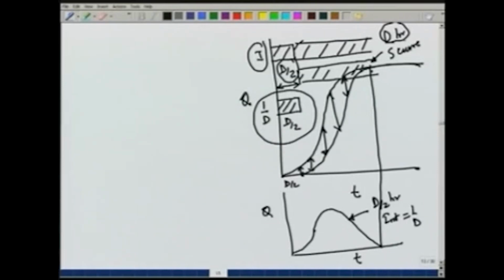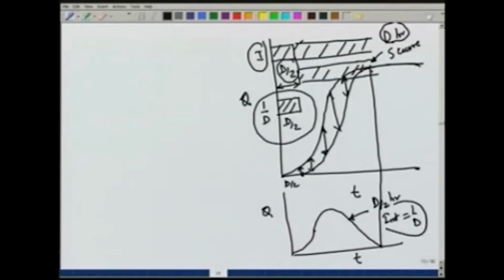Now, d hour unit hydrograph has rainfall intensity of 1 by d centimeter per hour, and therefore, this hydrograph represents a d by 2 hour hydrograph with intensity of 1 by d.